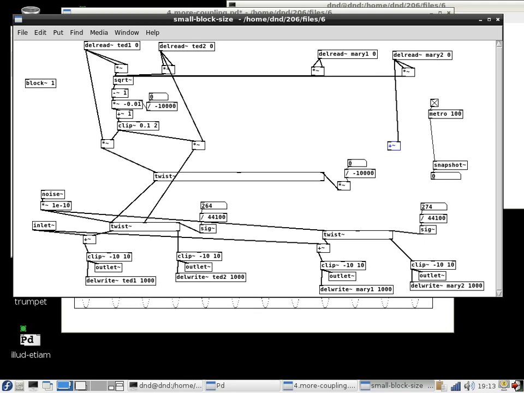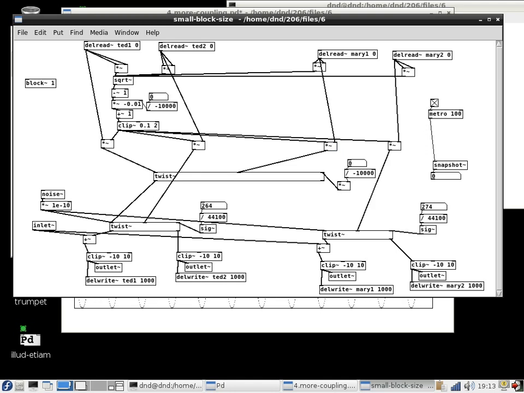Oh, times. Is there any chance I actually got this right? And if I got it wrong, it might blow up, so let's be careful listening to this. There.